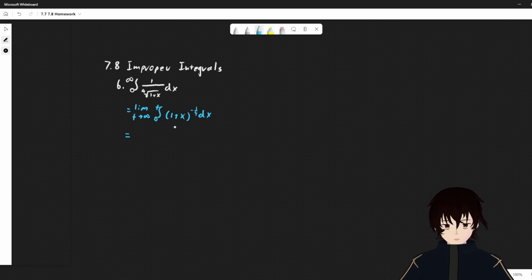So u is equal to 1 plus x. Let's say u is equal to 1 plus x. So actually, we don't even need to do that. Plus 1, divide. So negative. No. 4 over 3 times 1 plus x to the power of 3 over 4.